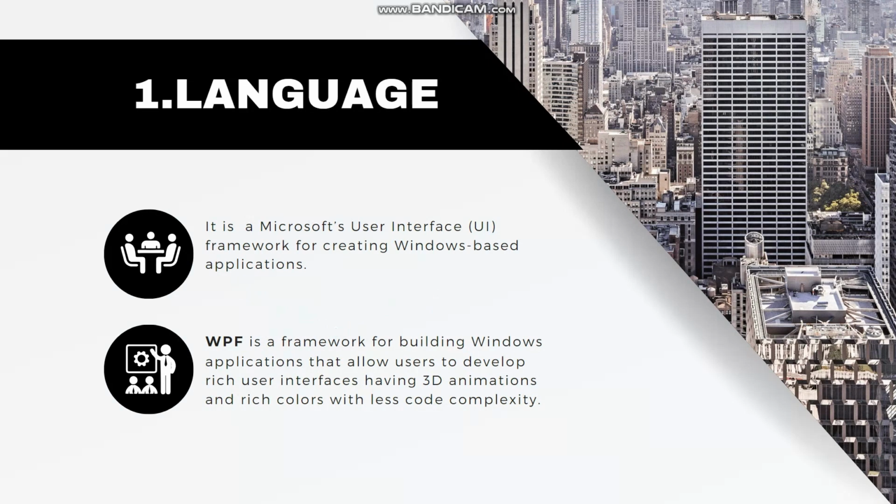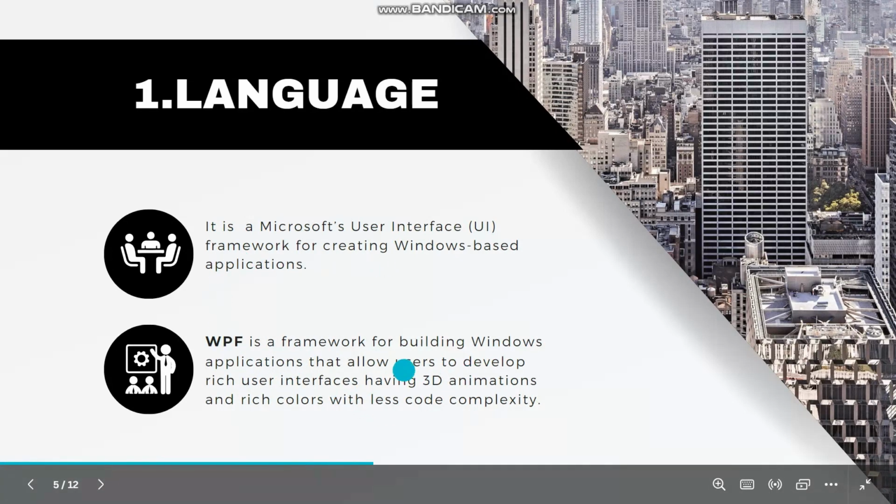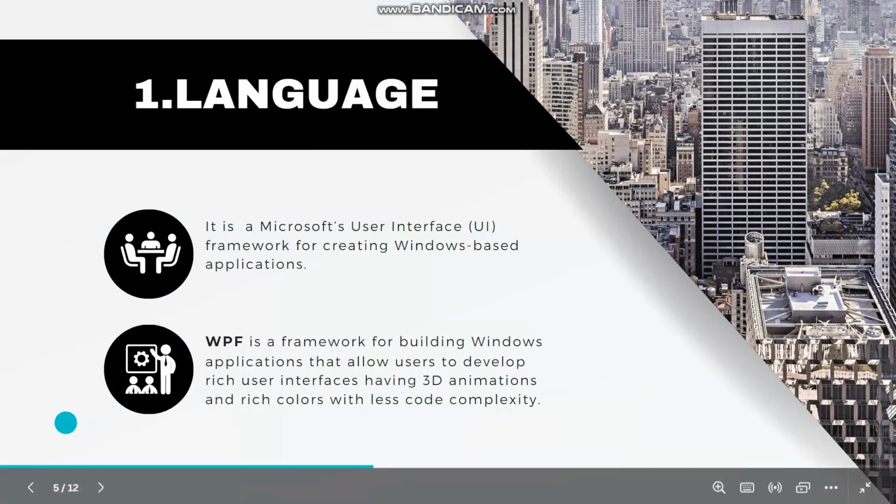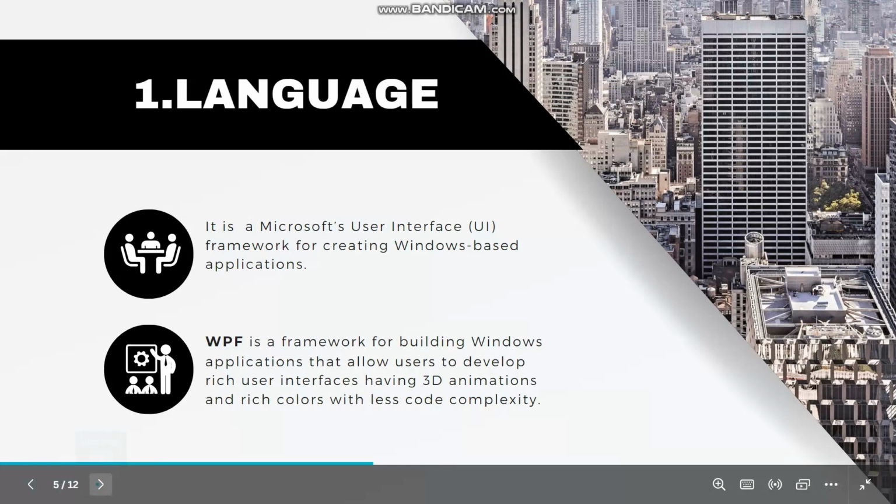It is specifically designed to help in creating Windows-based applications. It has a very rich interface that allows programmers to build a very complex UI with functionality that runs in a desktop environment.